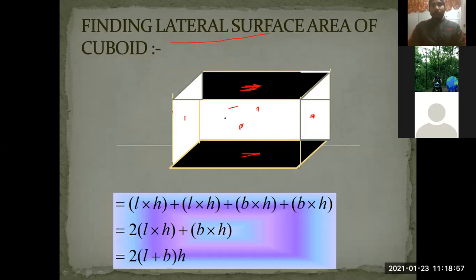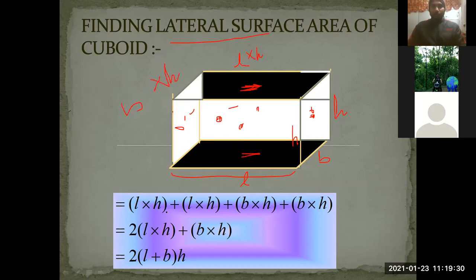The area of the front wall is length L into height H. The area of this side wall is breadth into height, the opposite wall just behind is again length into height, and the area of the other side wall is breadth into height.